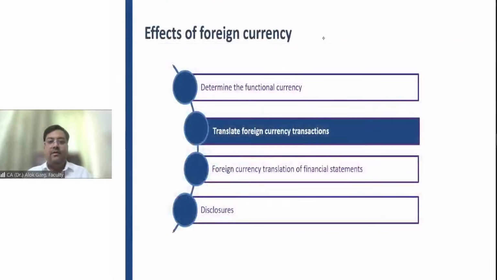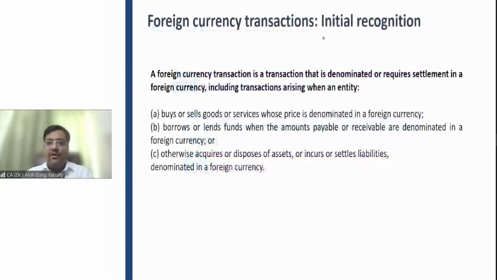Right? And now we have reached one of the important parts, which is accounting. So far we have understood the functional currency, foreign currency, local currency, how to identify a functional currency, and how to identify the functional currency of foreign operations as well. Now we need to discuss the accounting of foreign currency transactions.